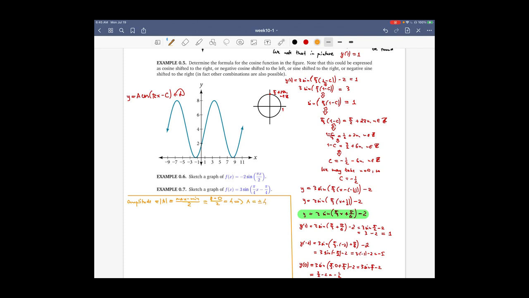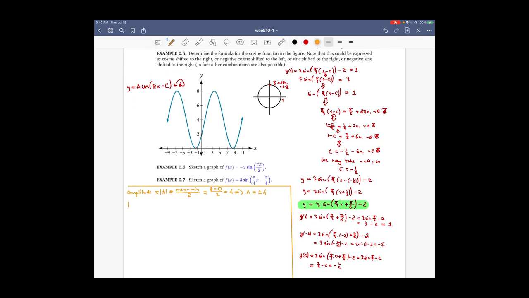I believe it's -4 because it looks like it's a reversed cosine. At least that's the most comfortable way for me to think about this. You can also think about this as a sine shifted. That really doesn't matter. There are multiple correct answers to any such question.